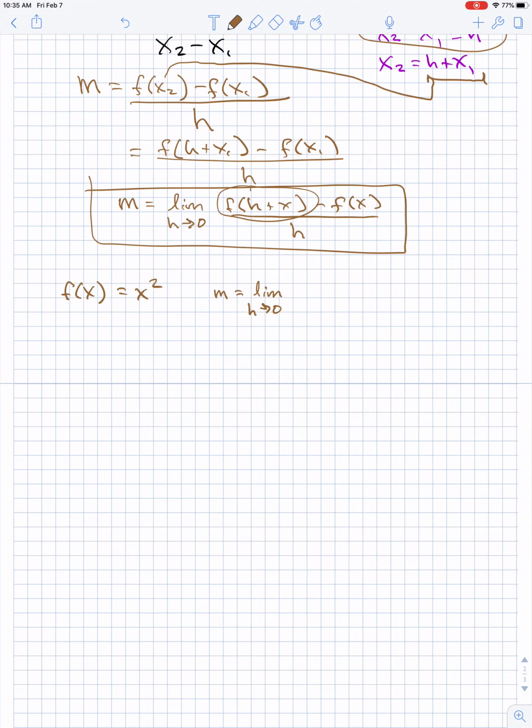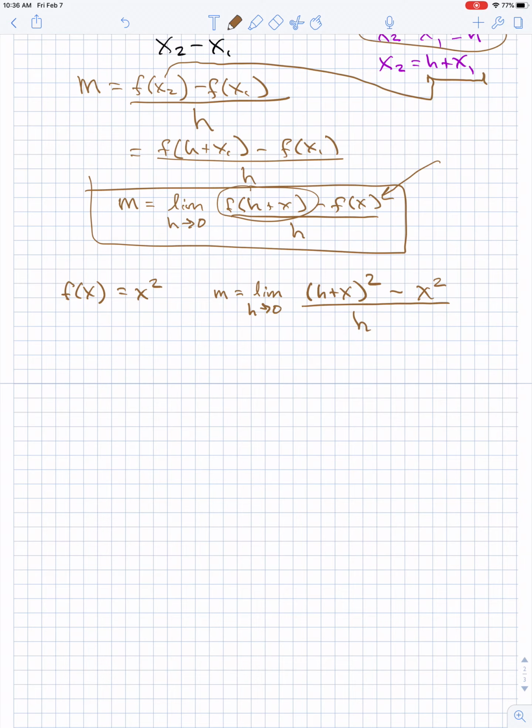If I plug h plus x into the function, what do I get? I get that, right? I just plug h plus x in for x. Okay, and then we subtract off f of x, which is just the original function, in this case x squared, all divided by h. Okay, still, if we make h 0, we're still divided by 0, no bueno.